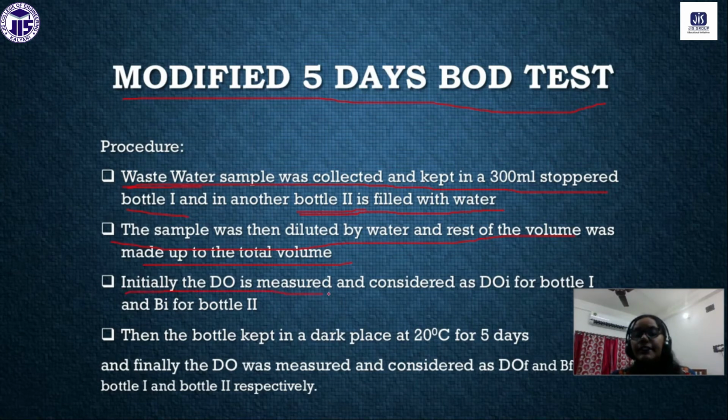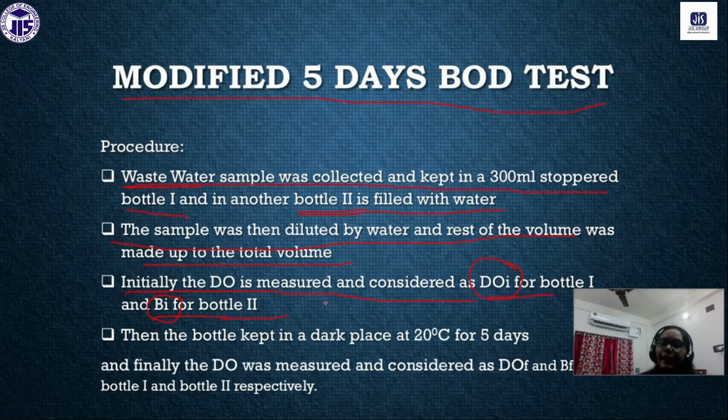Next step, the third step, is the initial measurement of the dissolved oxygen, which for bottle 1 we have indicated by DOI. So DOI is the initial amount of dissolved oxygen for bottle 1, and BI is the initial amount of dissolved oxygen for bottle 2. Understand? These are the two values that we have got from the initial measurement of the dissolved oxygen.